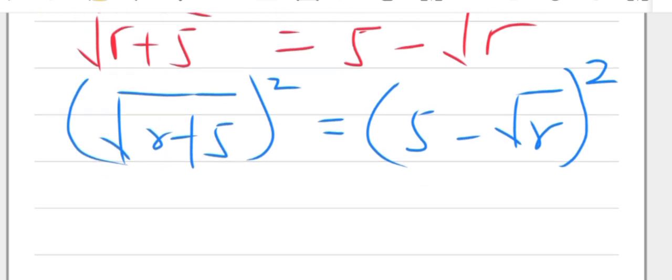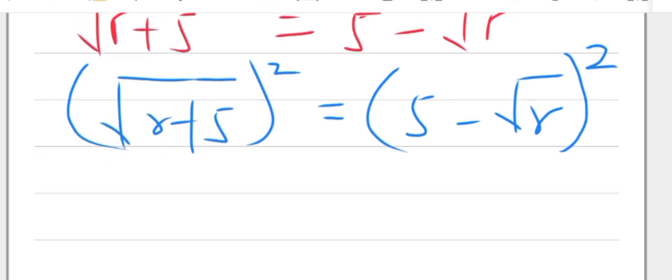Now if you remember, on this side the power 2 takes away the square root. So the left hand side becomes r plus 5.